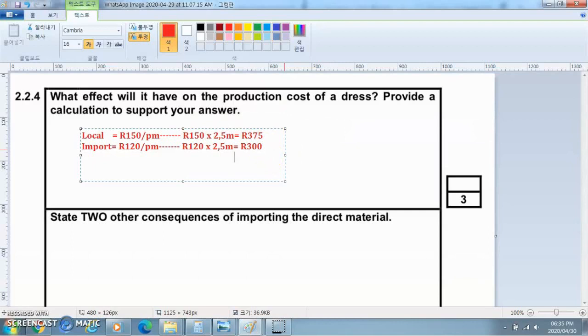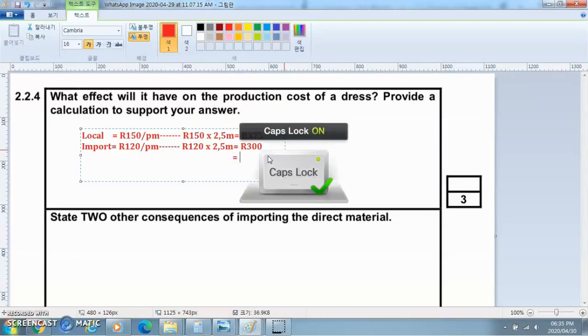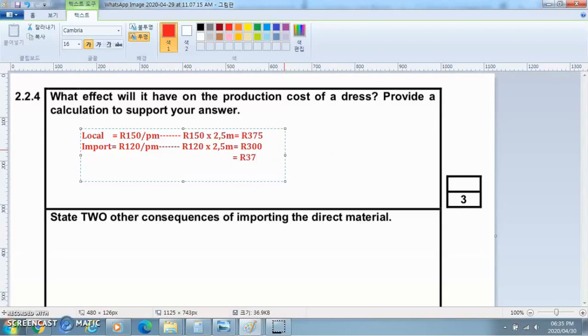So if you say 375 minus the 300, the final answer here is going to be 75 rands. So we are actually gaining 75 rands. So this is a good thing, right? This is a good effect.